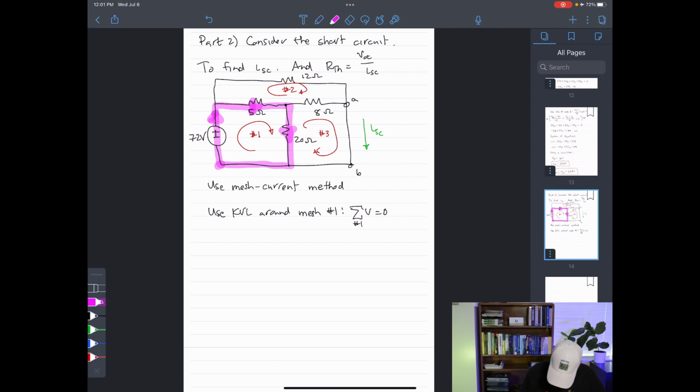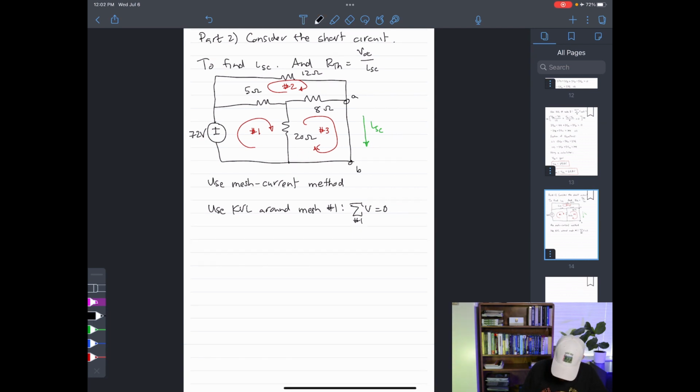I then go through my 5 ohm resistor, and I'm going in the same direction as I1, and in the opposite direction as I2. So I have the term 5 times I1 minus I2. That is the voltage that you get as you go through that resistor.